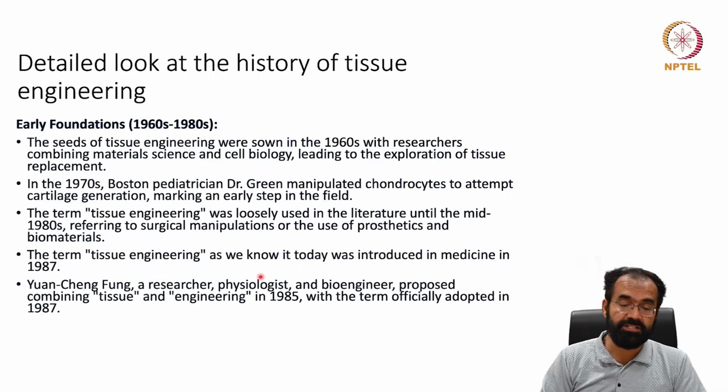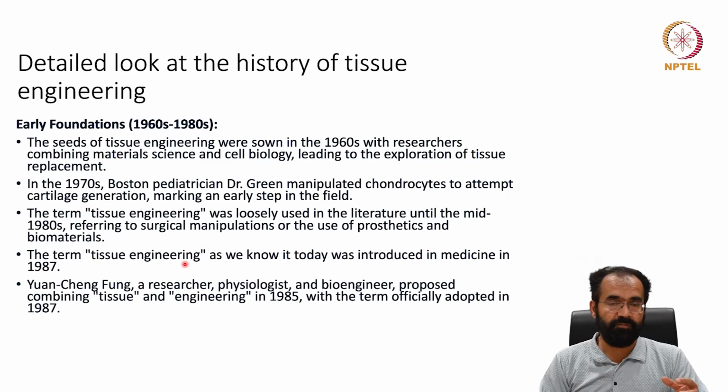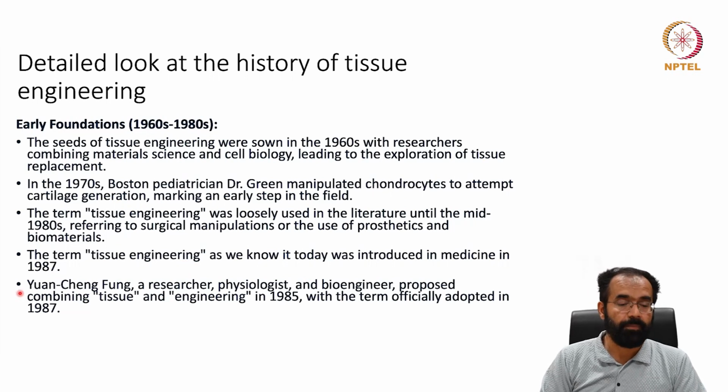The term tissue engineering, as we know it today, was introduced in medicine in 1987. Tissue engineering is not just a word that has an implication or an application in the treatment field.